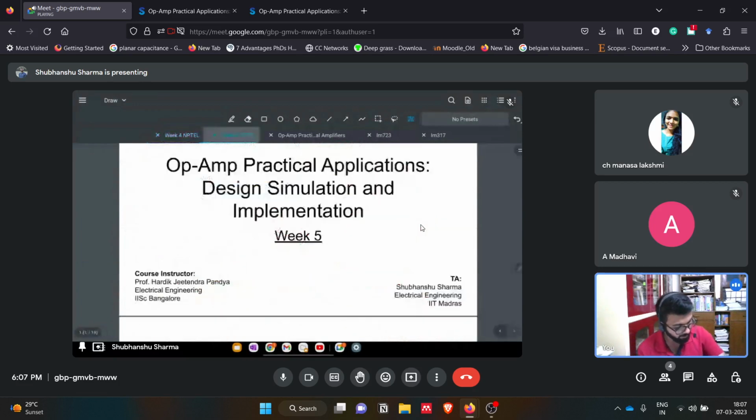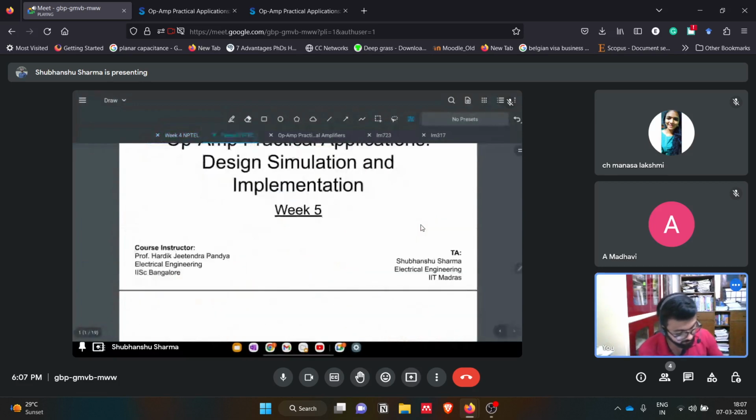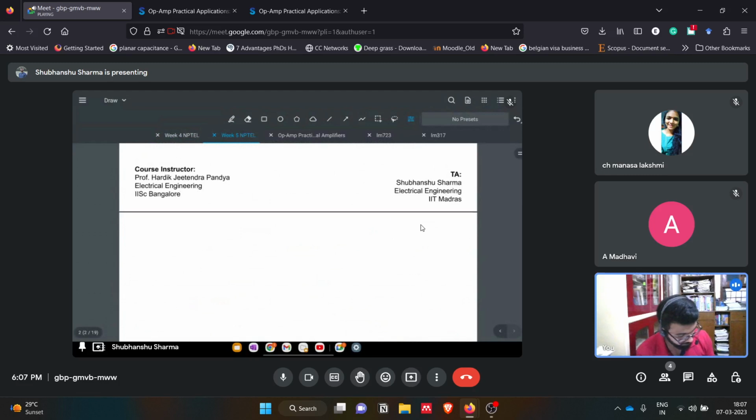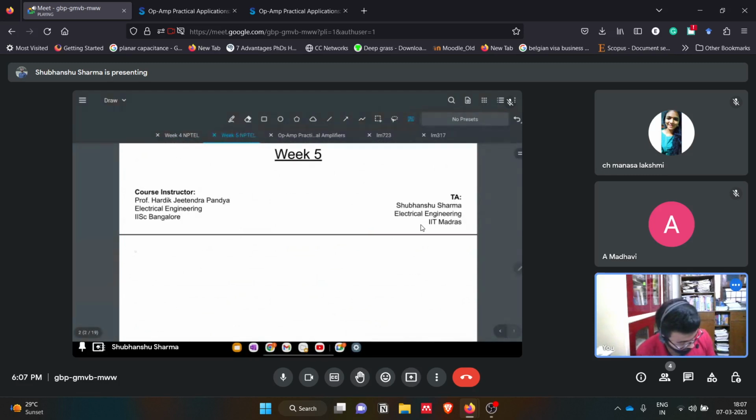This week, as we are talking about the non-linear applications of the op-amp, today we will be looking into non-linear applications of op-amp. Why are we calling it non-linear?